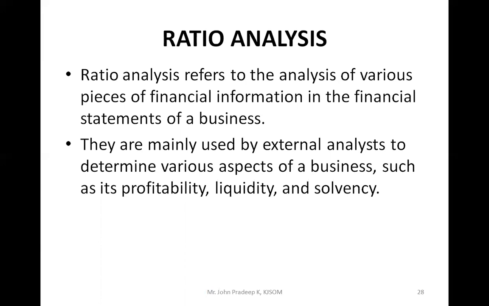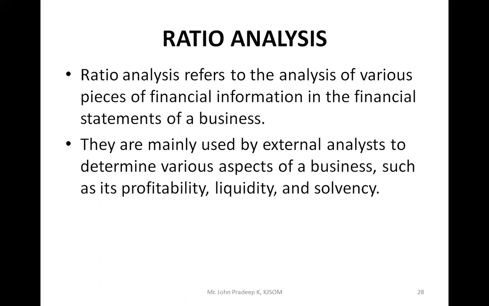So when I do a ratio analysis, calculate some ratios and analyze them, I will come to know whether your company is solvent or not. For example, if I am a banker, before giving a loan to your company, I will check your solvency: how much loan you have taken till now, how much assets you have, how much are your current assets and fixed assets, and whether you're able to repay them in the short time or long time.